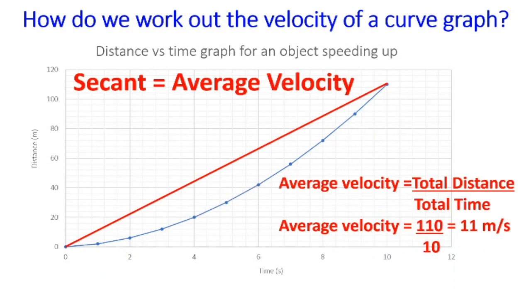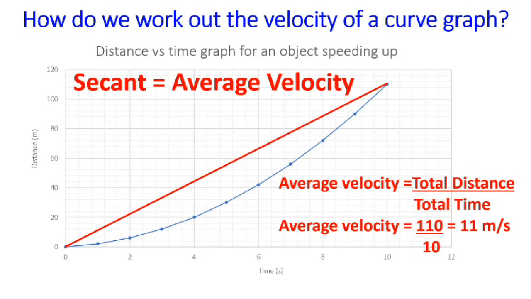If we work out the gradient of the secant, we get an average velocity, because essentially you're taking the total distance and dividing it by the total time. That will give you an average velocity of 11 meters per second. It's going to be slower than that earlier on and faster than that later on.